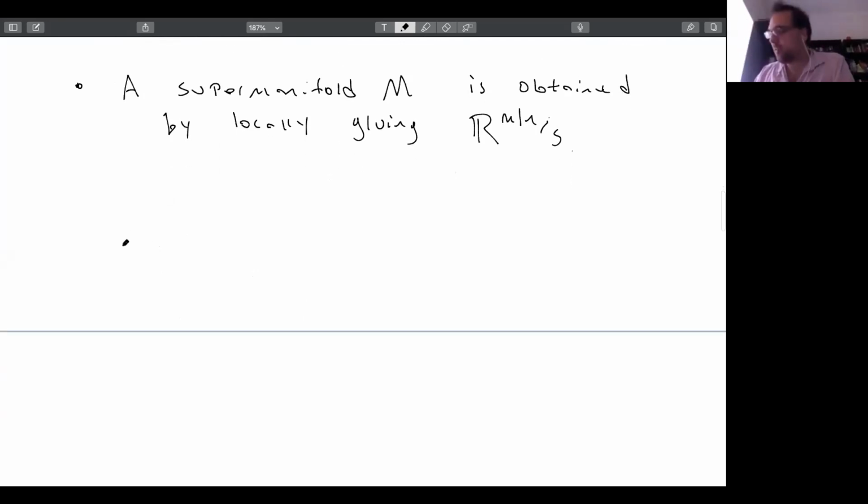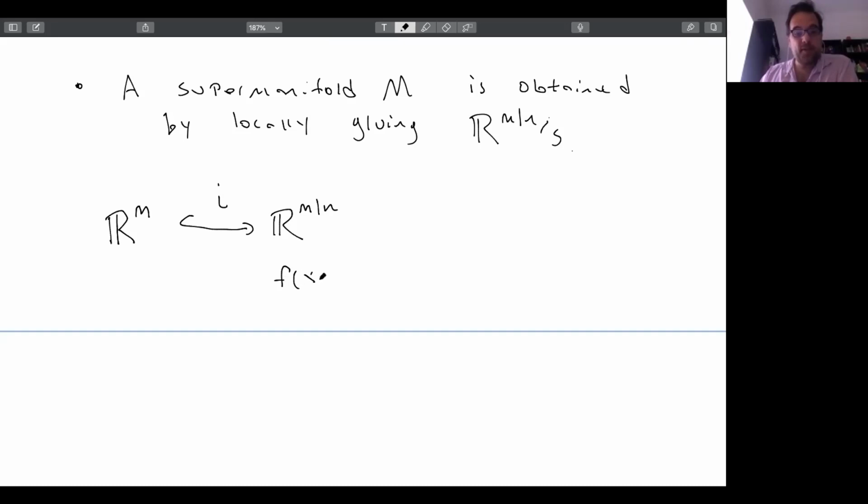So some properties that we have just from this definition is that we can always include the bosonic or even part of the supermanifold. And we're always supposed to think of this in terms of the algebra of functions. So it's actually this map. It goes the other way to this inclusion map. It's the map that sets the thetas equal to 0.